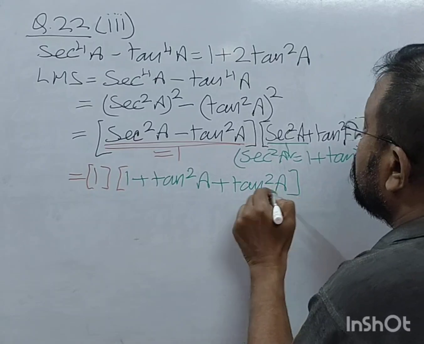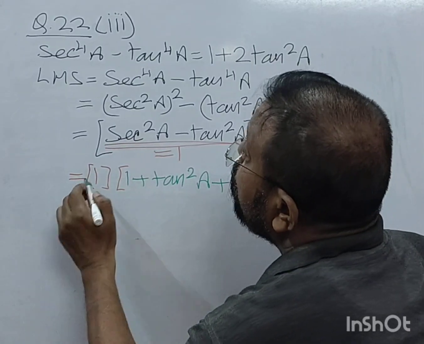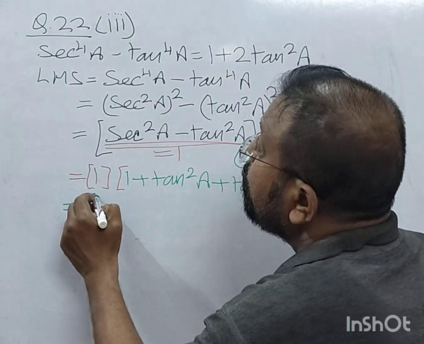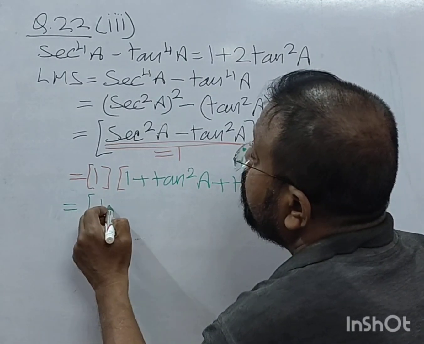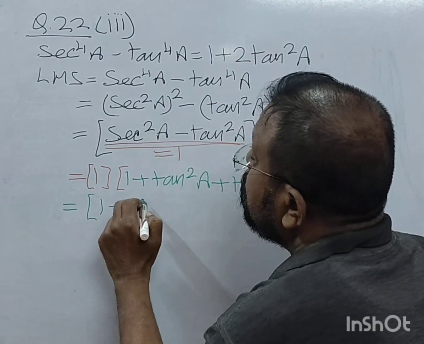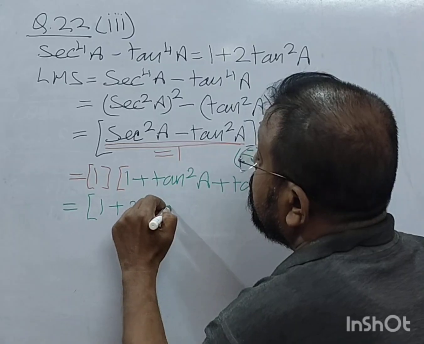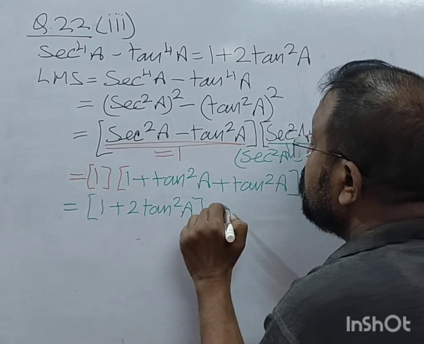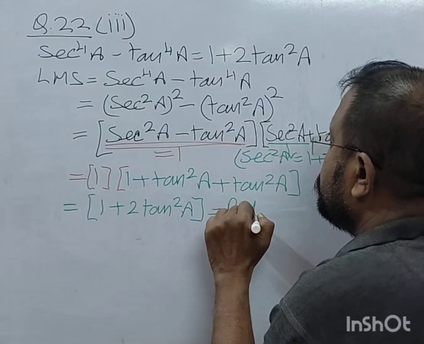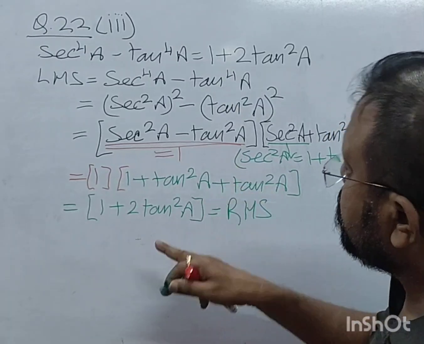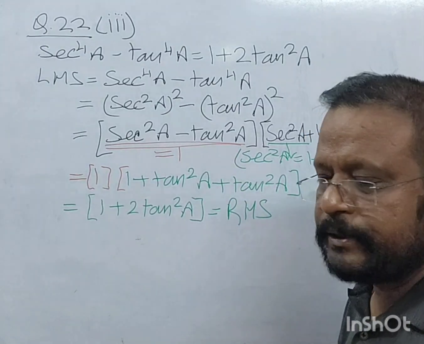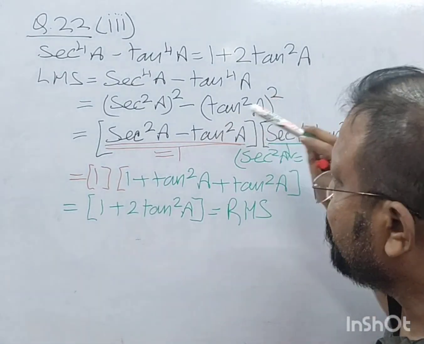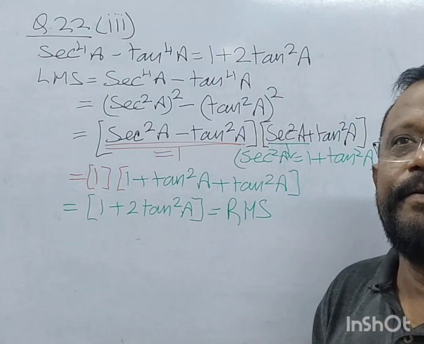So you get 1 into 1 plus 2 tan square a, which is equal to RHS. This is written here, 1 plus 2 tan square a. So this is the solution we have.